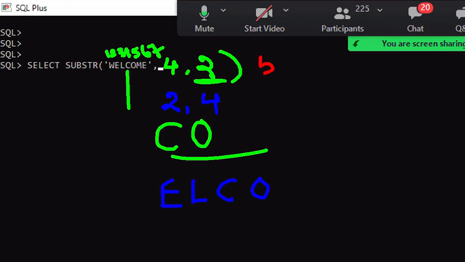So 5. So 5 comma 1 I was given. The 5th position is what now? O. Then only O returns.